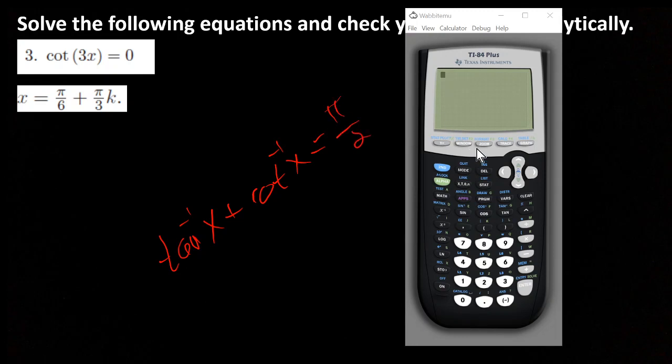So what is cotangent inverse of 0? Cotangent inverse of 0 would be 90 if I'm in degree mode, and I am in degree mode, so it would be 90 minus tangent inverse of 0, which is 90. So it's pi over 2, right?